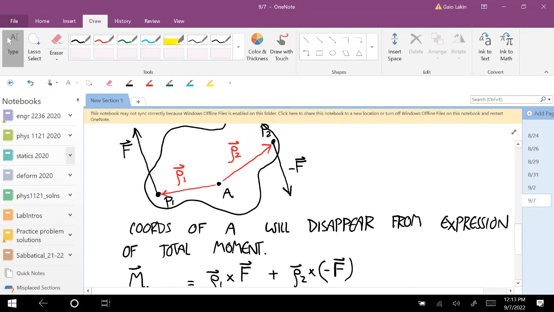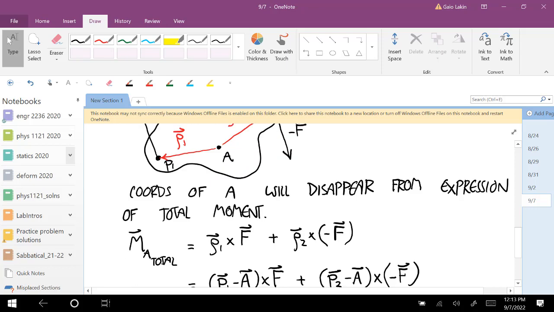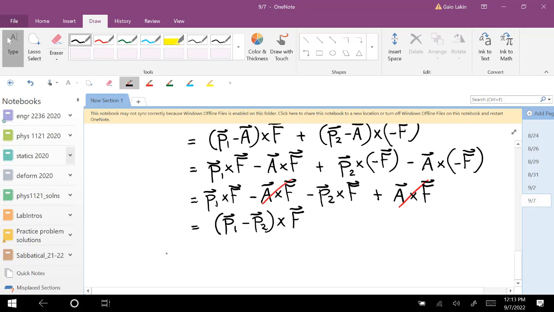But the moment produced by a couple is the vector to the point where F is applied, from the point where negative F is applied, and then crossed with F. Okay? So you get the same M_A total for any about point coordinates.